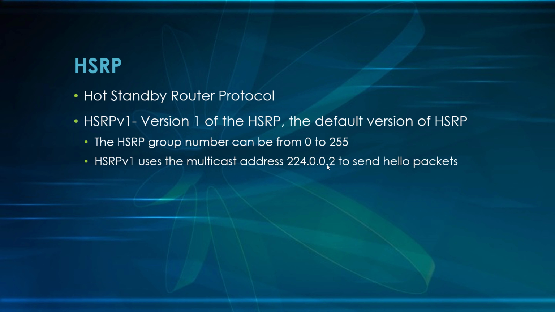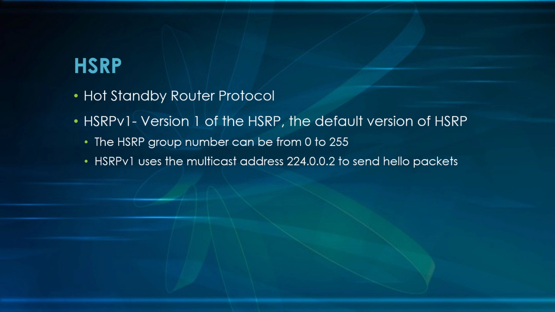There's an all hosts group, which is 224.0.0.1, and if you're sending to 224.0.0.2, you're trying to talk to other routers. This is link local, which means that in order for HSRP to work, the HSRP devices have to be on the same LAN segment so that they can act as the same default gateway.